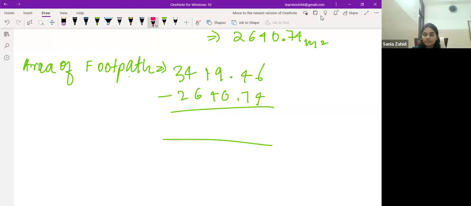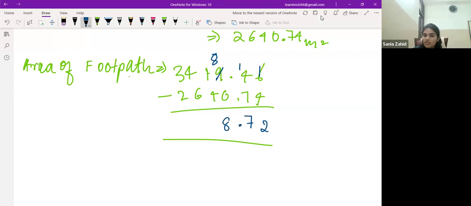Students, done? Done, ma'am. Tell me. 6 minus 4 is 2. Then 4 minus 7 you can't do, so you cut it and you get 14 minus 7 is 7, decimal.